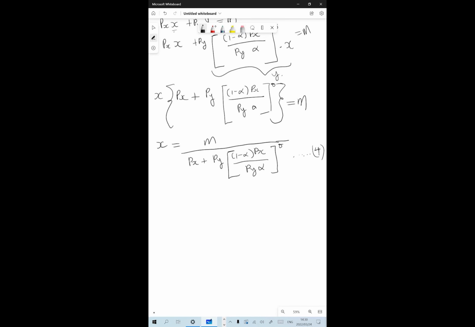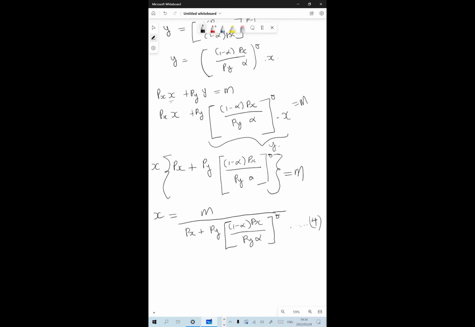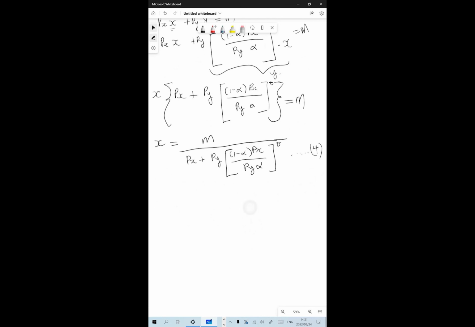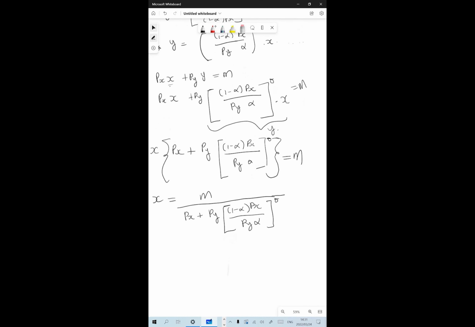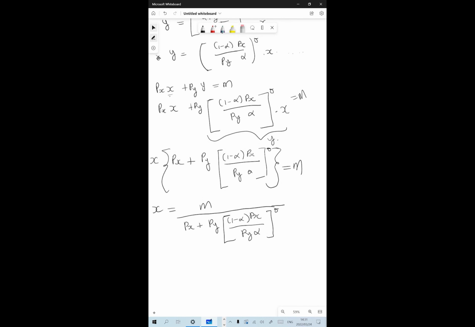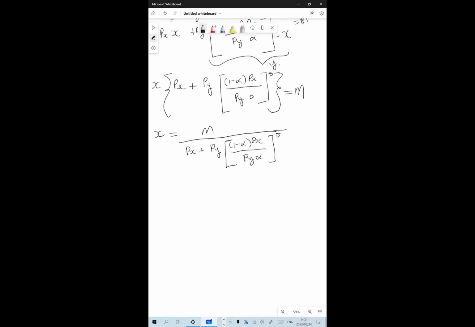And now that we've got our x, we can plug it into our y. This is the y that we've gotten. So this is our x.